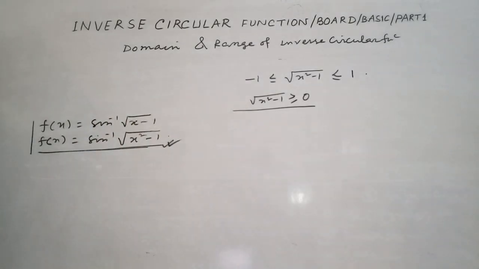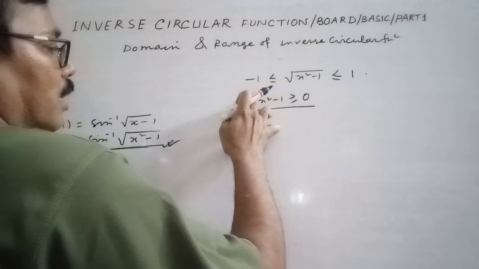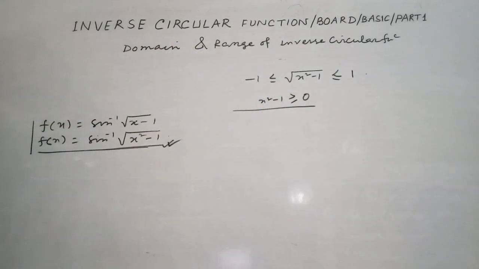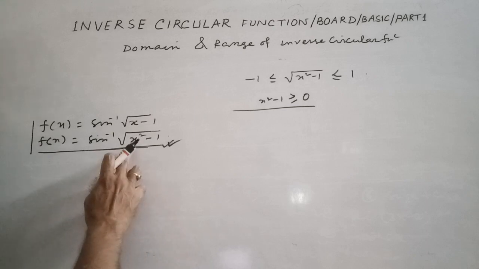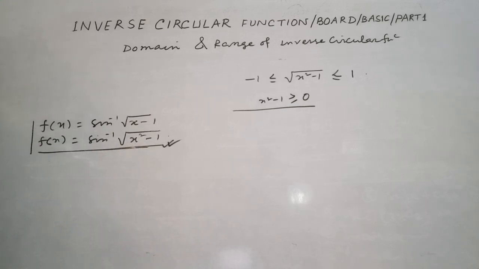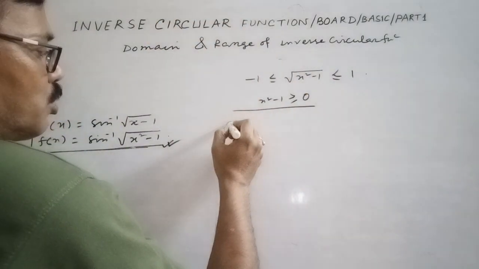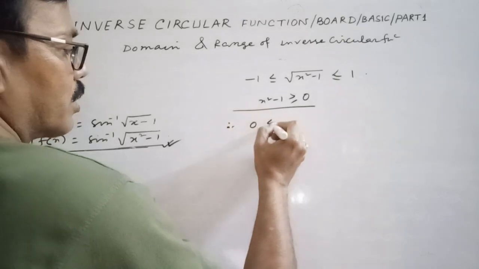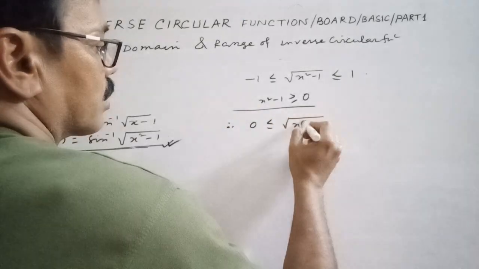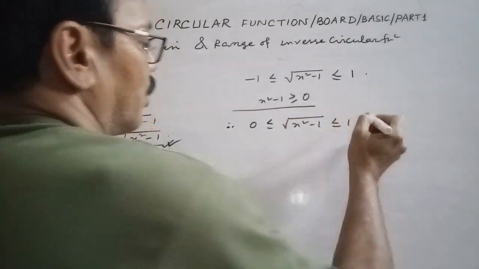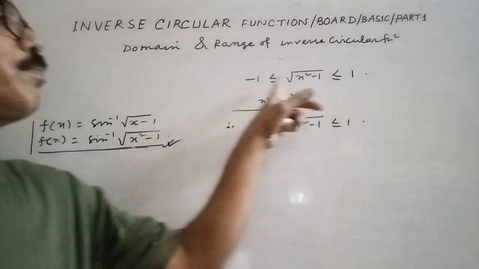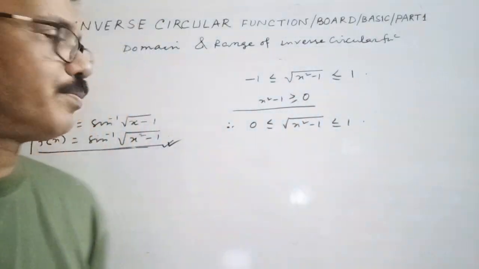So x square minus 1 is greater than or equal to 0. So no negative part. Considering these two, we can write 0 is less than or equal to x square minus 1, which is less than or equal to 1. So the negative part is excluded.